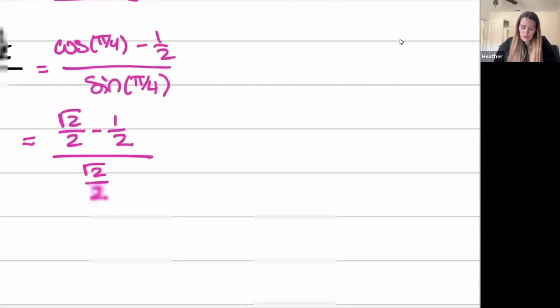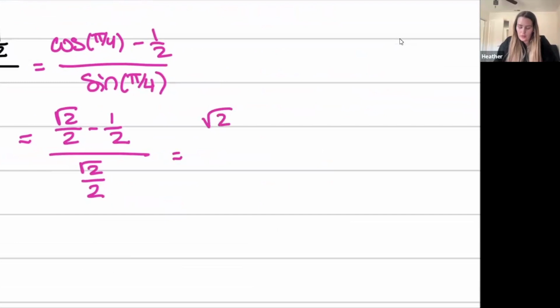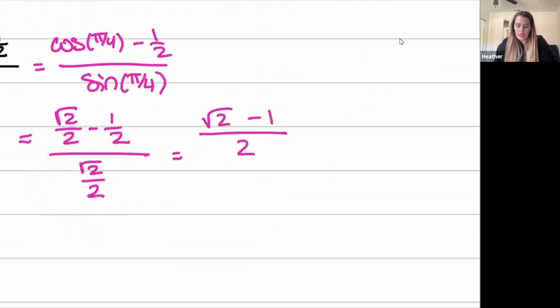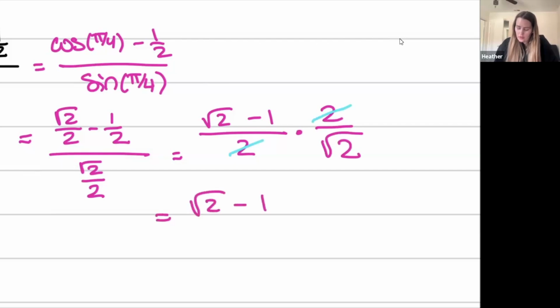All right, we're going to clean this up. On the top, root 2 minus 1 all over 2. Division is just multiplication by the reciprocal, right? So instead of dividing, I'm going to multiply by the reciprocal. That kind of worked out for us because these 2's are going to cancel. I am left with root 2 minus 1 over root 2.